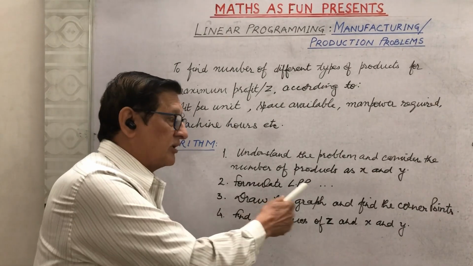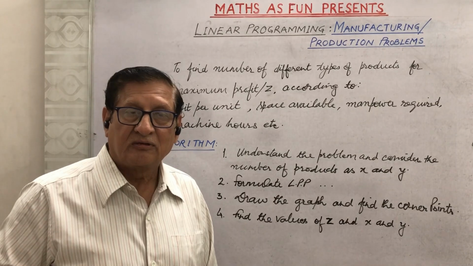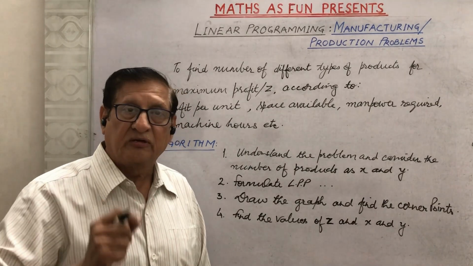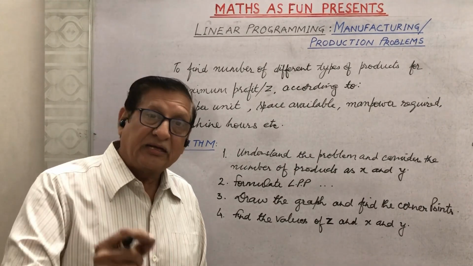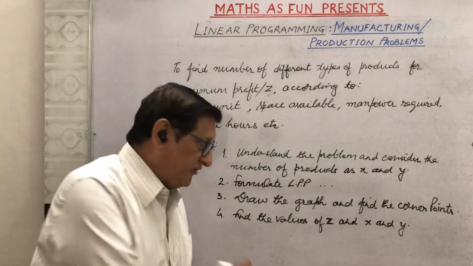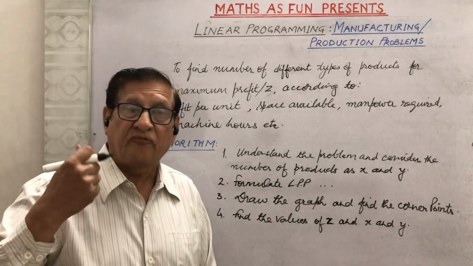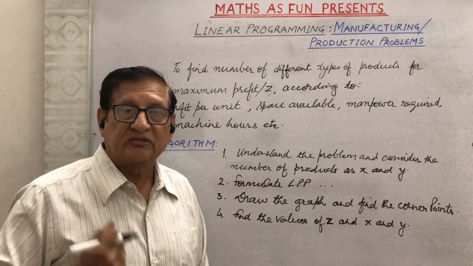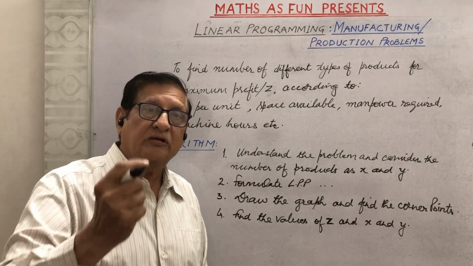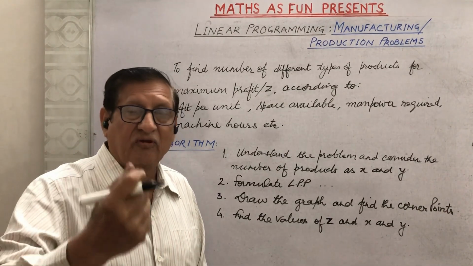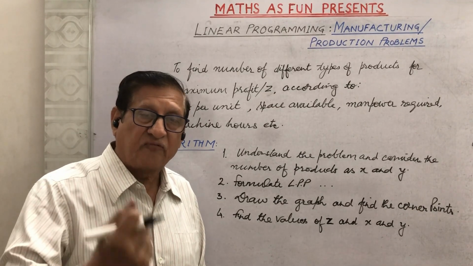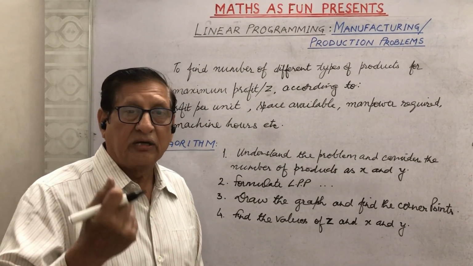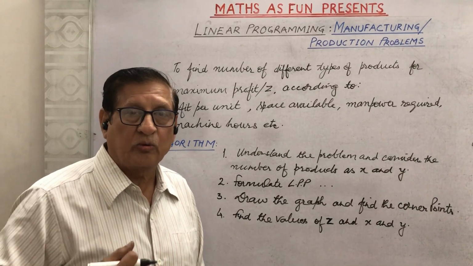And then we will draw the graph of the constraints, try to find out the feasible region, and then the corner points. Then we have to find out the different values of the objective function Z at different corner points, and then we will find out the maximum profit or maximum number of objects which are required.